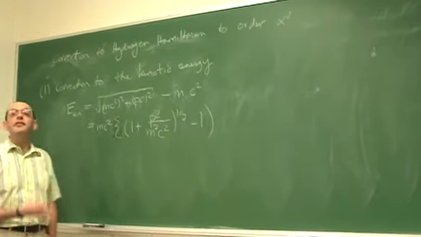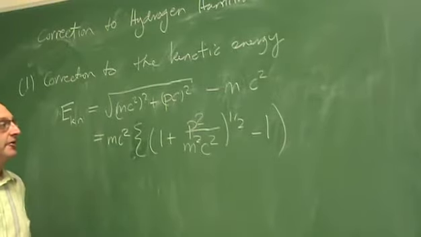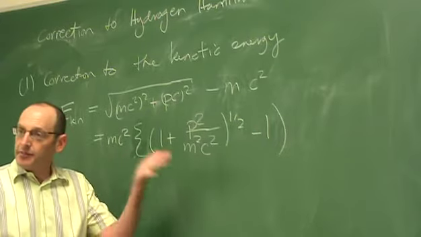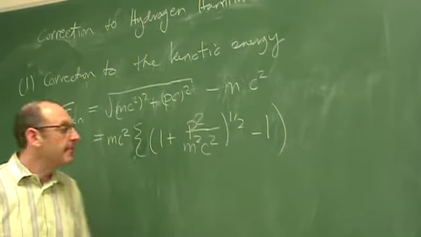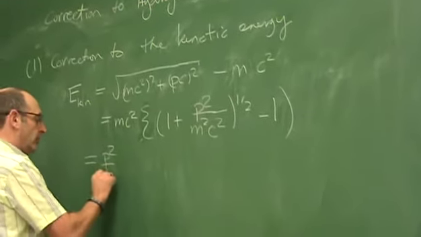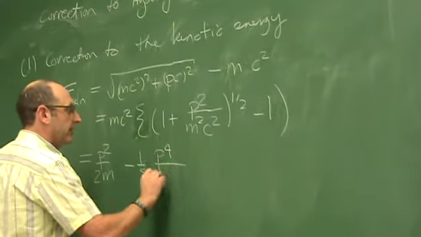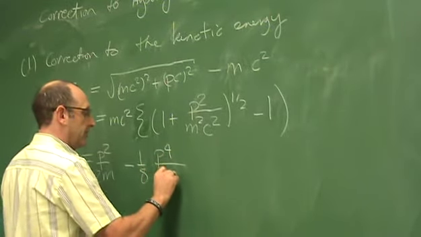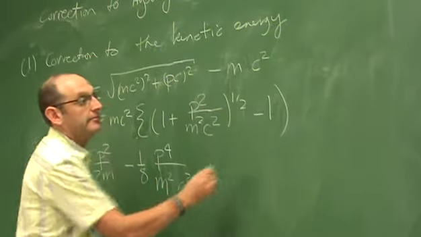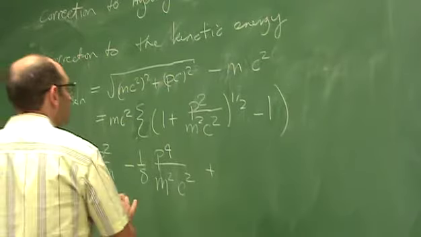So in the non-relativistic limit, if the momentum of the electron is small compared to mc, then we can expand this in a Taylor series expansion. And we get that this is equal to p squared over 2m minus an eighth p to the fourth over m cubed c squared plus dot dot dot.